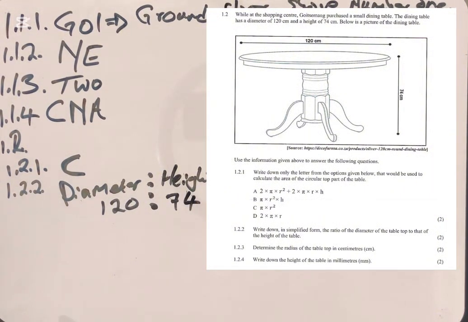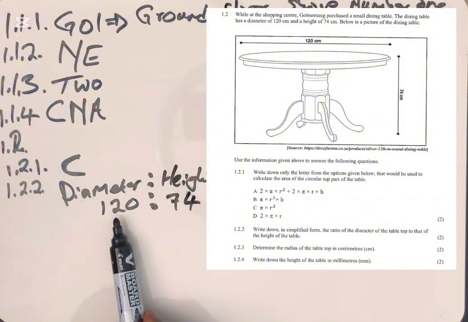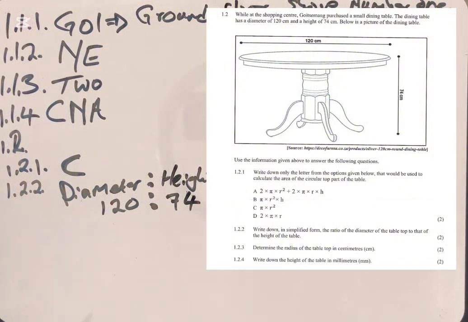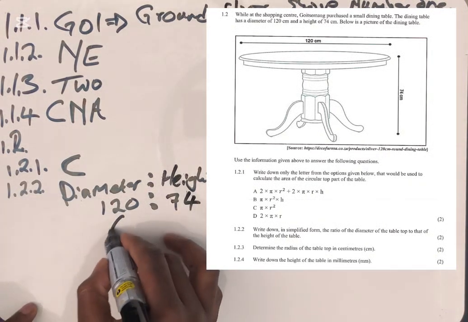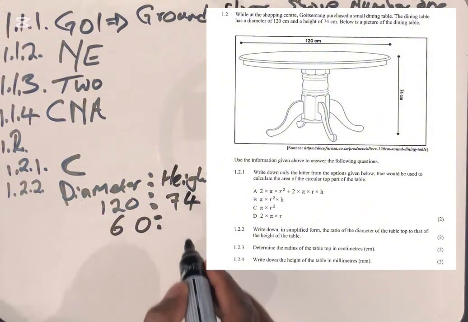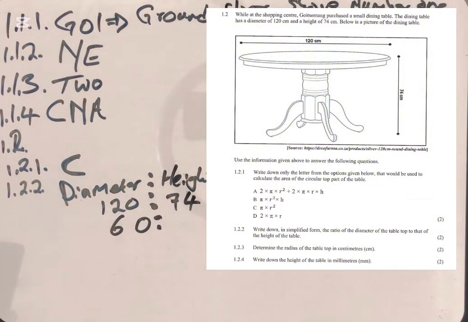But they said we must write this in a simplified form. So it means that we should look for a number by which we can divide 120 and 74 without getting a decimal. Let's start with 2. 120 divided by 2 is 60. 74 divided by 2 is 37.